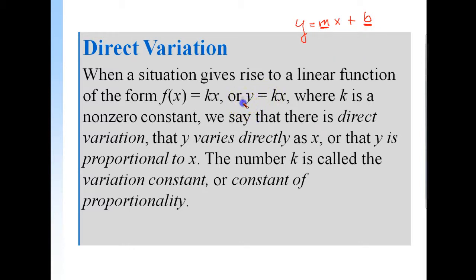Well, I don't know if you can see it right here, but this is very similar to this part up here, where m was our slope, but now in variation, we're talking about the letter k being our constant of variation, or constant of proportionality. This would be the same formula, but in function notation.